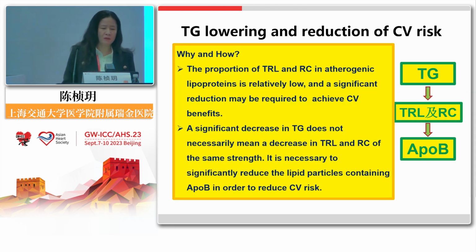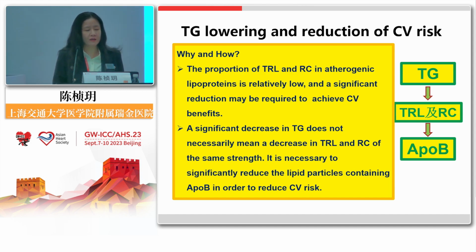So about how to lower TG and get the CV benefit, what are the key points? Actually, the proportion of TRL and remnant cholesterol in atherogenic lipoproteins is relatively low, and a significant reduction may be required to achieve CV benefit.